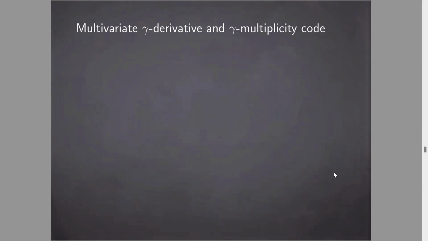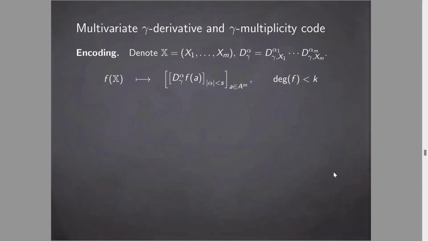So once we notice these similarities, it is obvious what the definition of a multivariate gamma multiplicity code should be. The encoding now takes a message polynomial f(x) to the collection of its evaluations as well as evaluations of its gamma derivatives up to some order s minus 1.